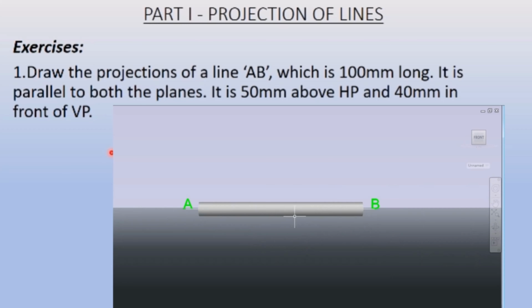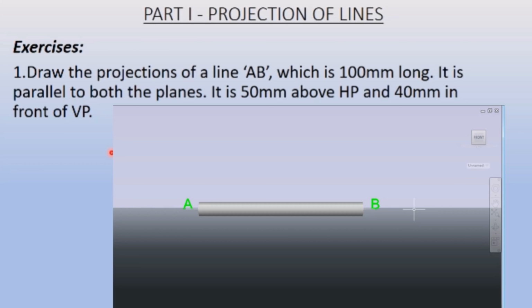Please be careful. This is just a line with ends A and B. This might seem like a small cylinder, but it is a line. For explanation purpose I am taking this as a line. So now it has the ends A and B as mentioned in the question. So it is placed parallel to both the planes.